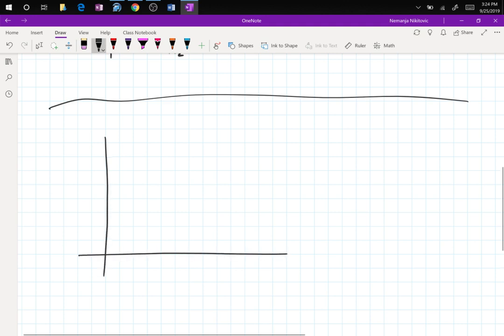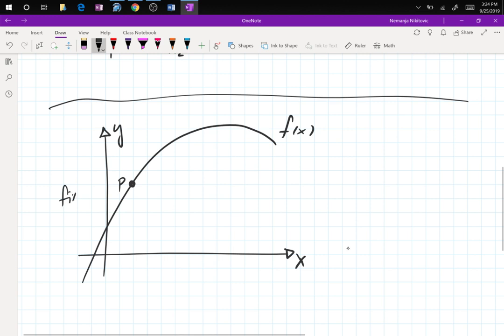We're going to come up with some function, f of x, and then we are going to set a point P. That point P is a fixed point, and it has the value of a, and clearly over here f of a as the y value.